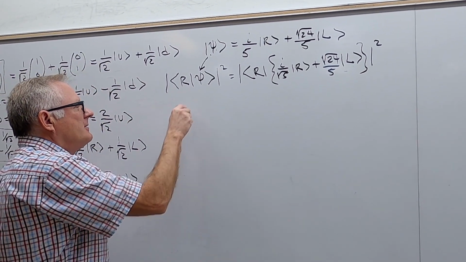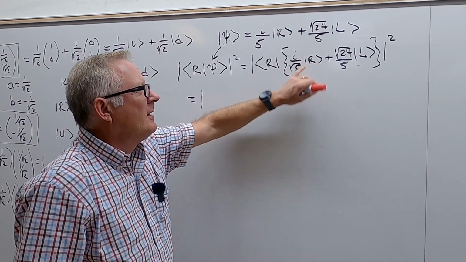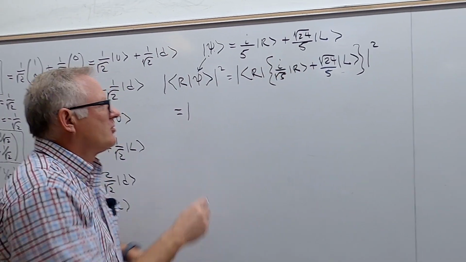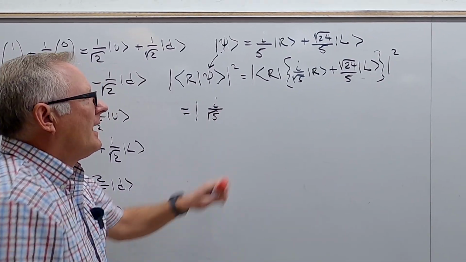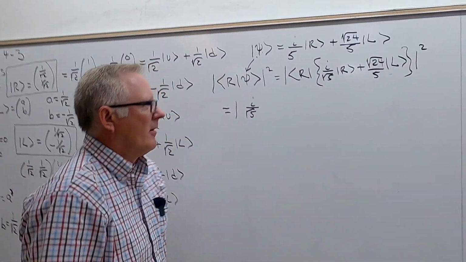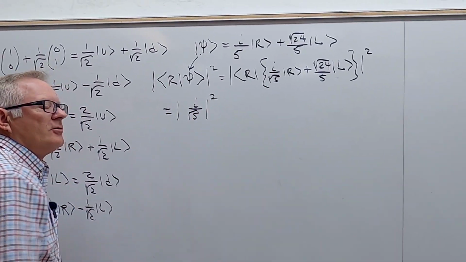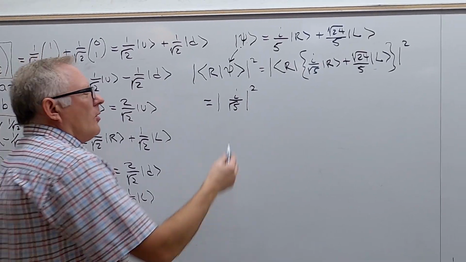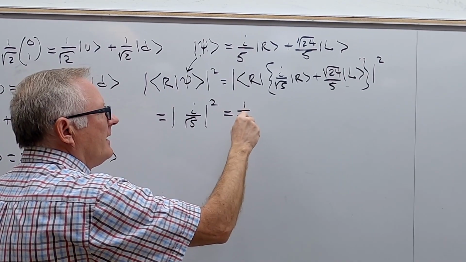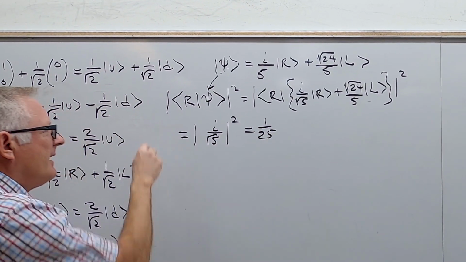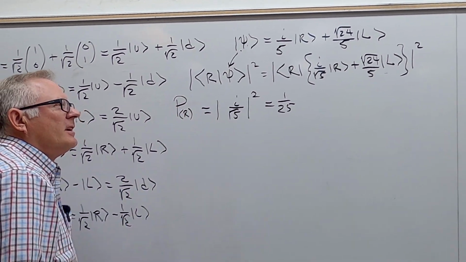Now I can break this right up into right-right and right-left. So we still got the square here, but right-right is 1. So this first term is just i over the square root of 5. And then right-left is 0 because they're perpendicular. So that's it. And then we find the magnitude squared. This times its complex conjugate is just 1/25. So the probability of measuring right is 1/25.